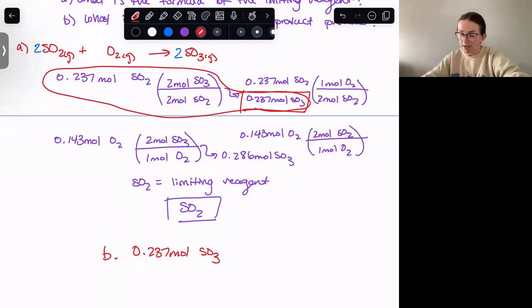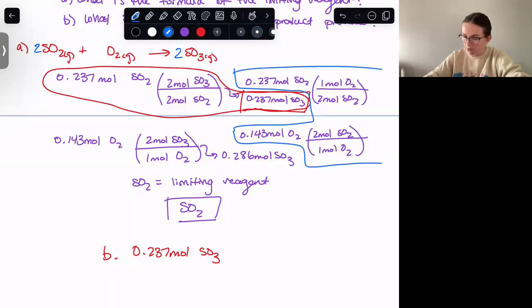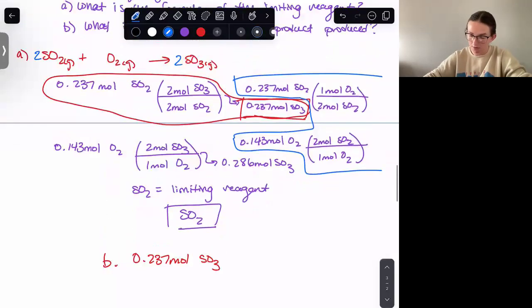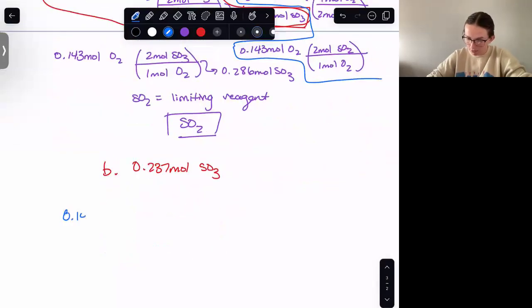So the stuff on the right side, like this portion here, everything in the blue box, this is just if you asked yourself a different way to find the limiting reagent. In this case, right, if you're looking at 0.143 moles of O2.